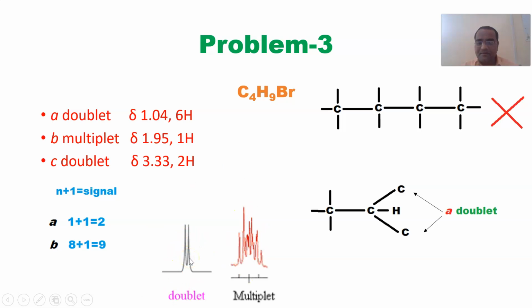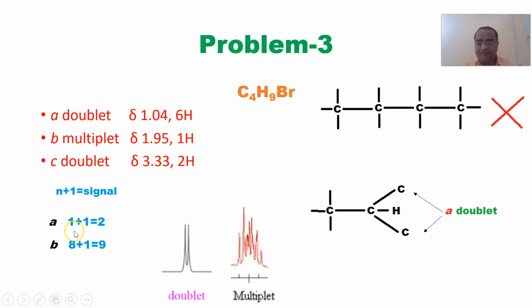Whenever there is a doublet, triplet, quartet, quintet, there are certain types of signals that are shown, but in case of a multiplet, the signals are not proper, and that is why it is said to be a multiplet. But whenever the spectrum is recorded at higher hertz, around 800 or 400, at that time we can separate such a multiplet. But whatever signals are given over here are recorded on 60 hertz.